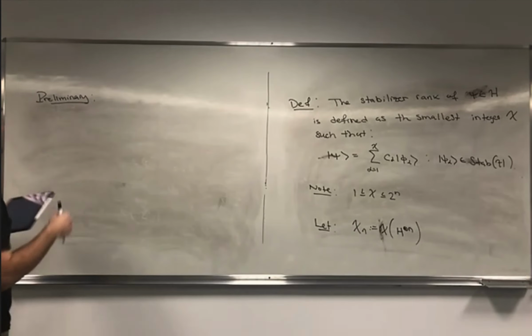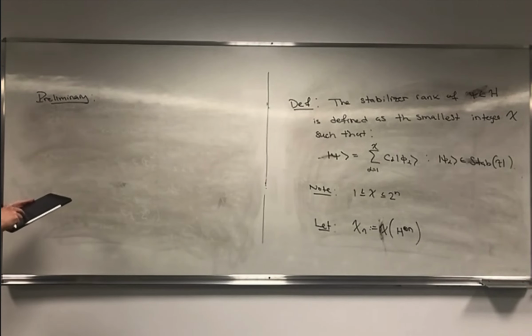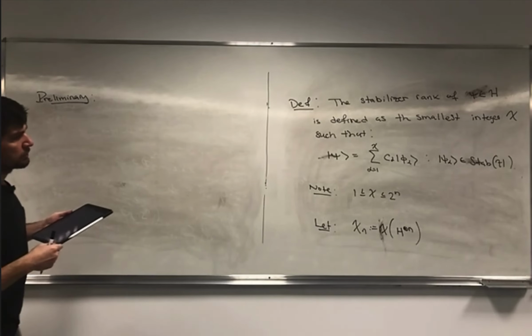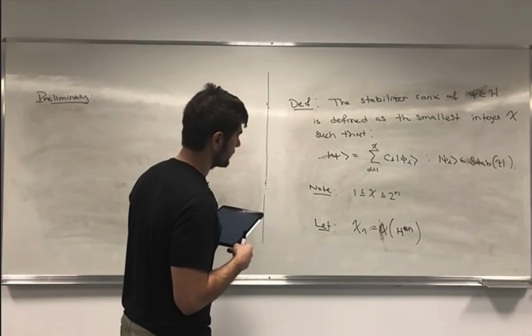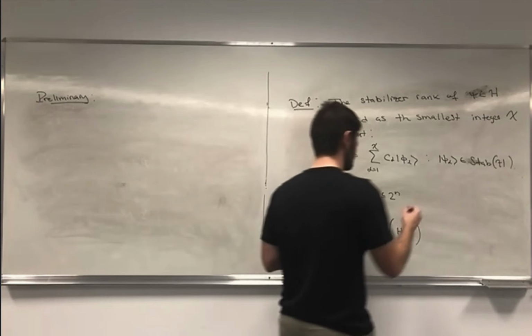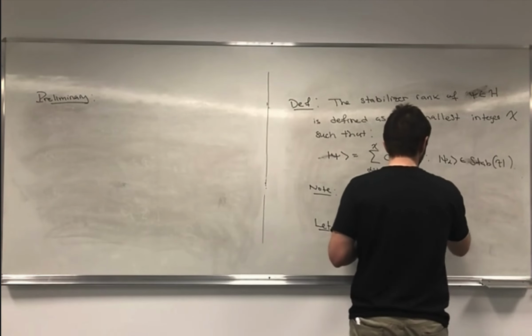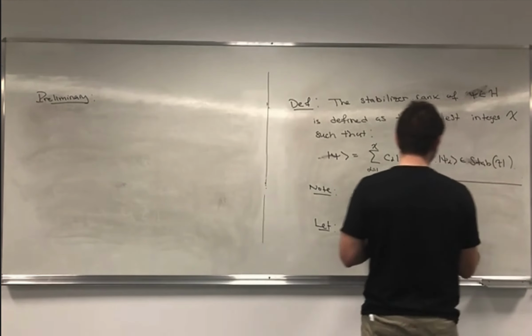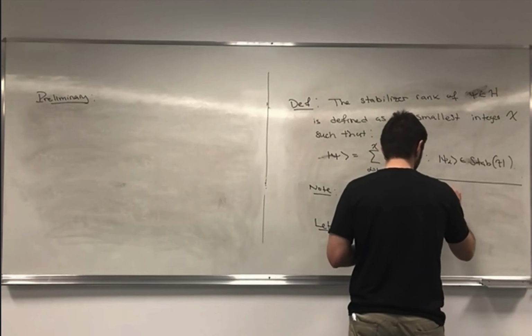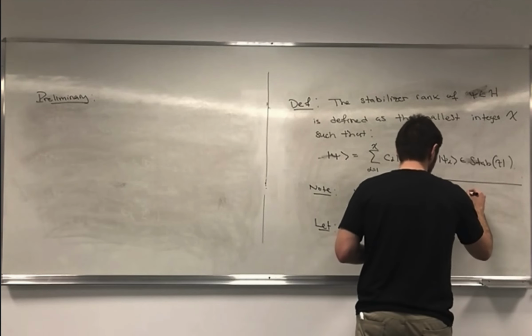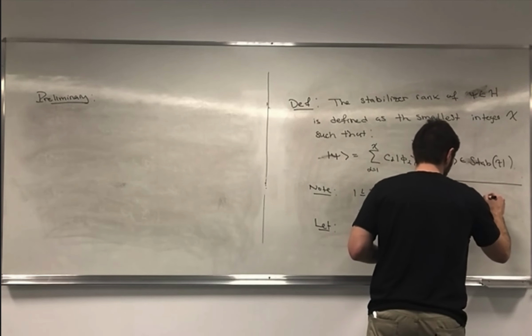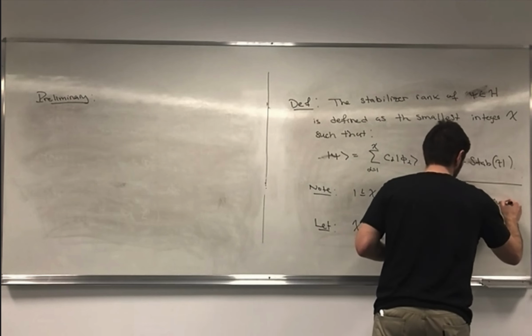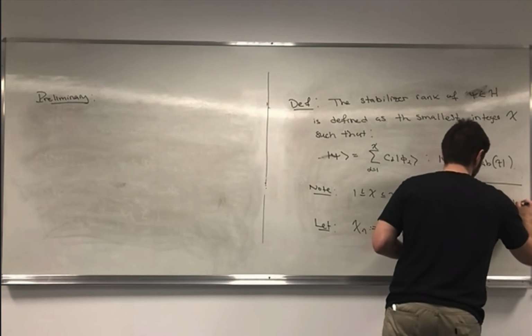So there's a property: the stabilizer rank, which I'll abbreviate as SR, is submultiplicative.